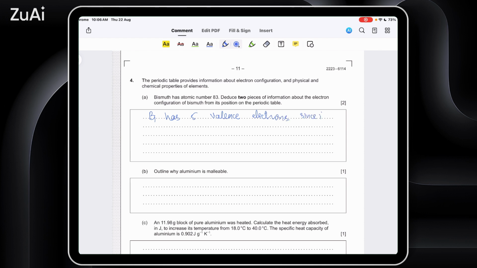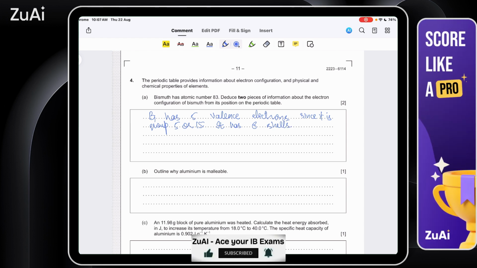And the period it occupies is period 6, so it has 6 shells. That's what you need to know.